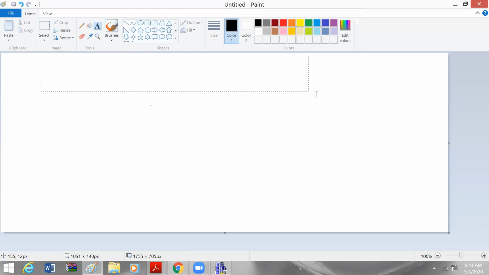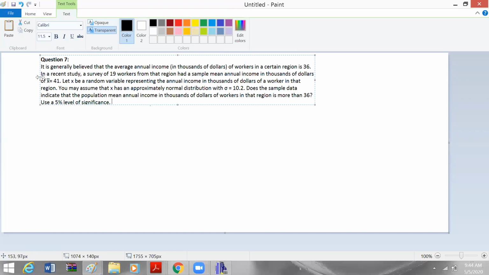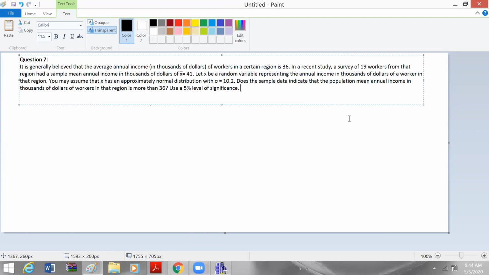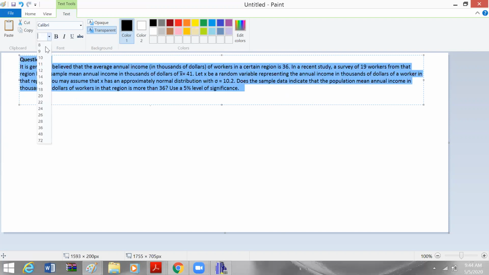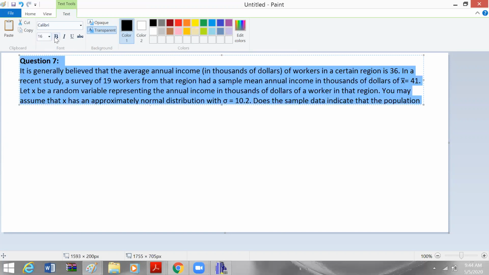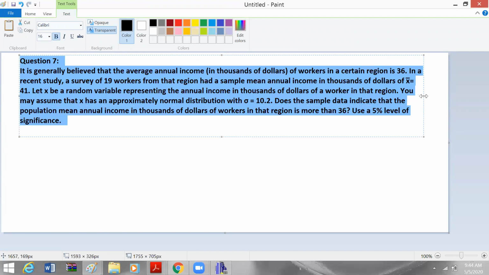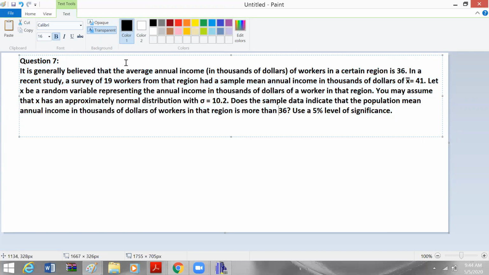It would be something that we see in chapter 9. This question is going to be 15 points, question number 7 on the final.